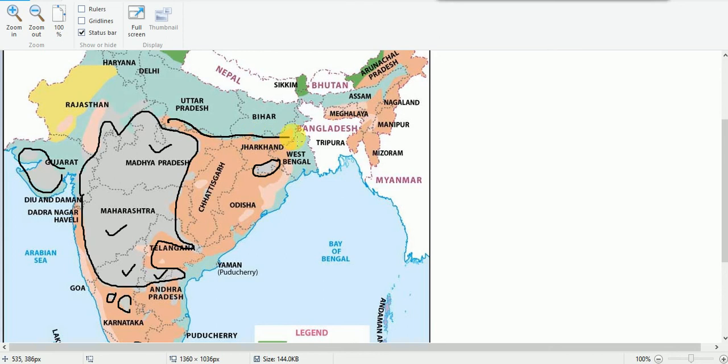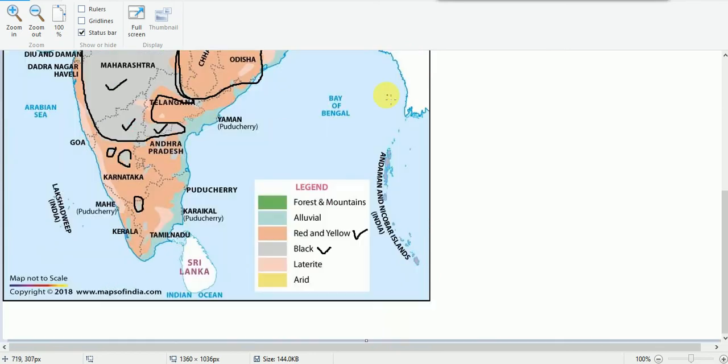These are the Jharkhand area, part of West Bengal, then Orissa, Chhattisgarh, then eastern part of Madhya Pradesh, then eastern part of Maharashtra, then most states of Northeast India, Mizoram, Manipur, Nagaland, then Arunachal Pradesh, southern part of Arunachal Pradesh.